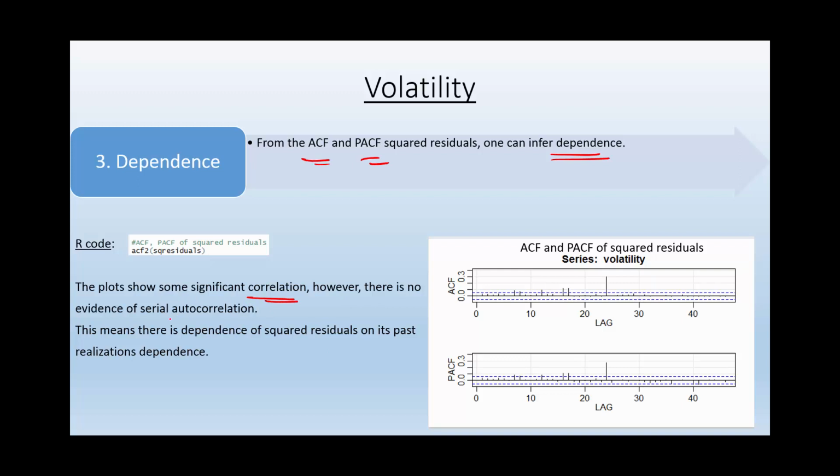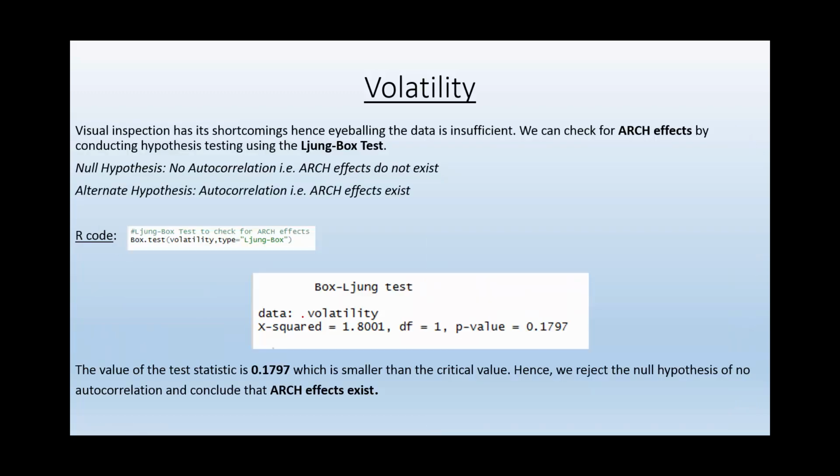However, there is no evidence of serial autocorrelation. You see there is some high correlation here, but no continuous autocorrelation as such. It's just one-off. Which means there is a dependence of the squared residual on its past realized values. So these are evidences to tell you that volatility modeling is needed.